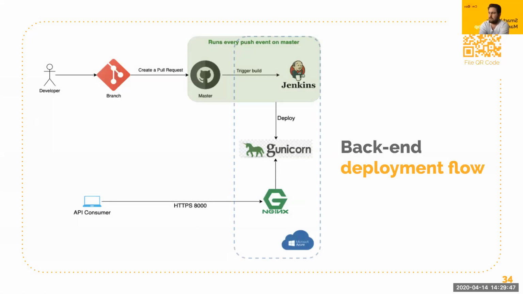Once there is a piece of code ready to be delivered, it's merged into the master branch, and it's automatically built and run into the web application and Jenkins as well. So it's fully automated. We don't have any manual step to make our piece of code available for consumption. Next.